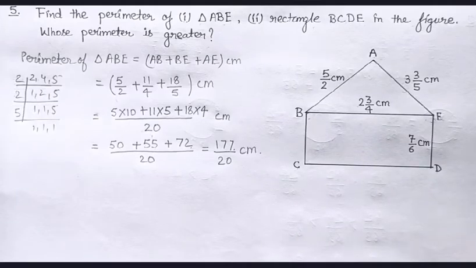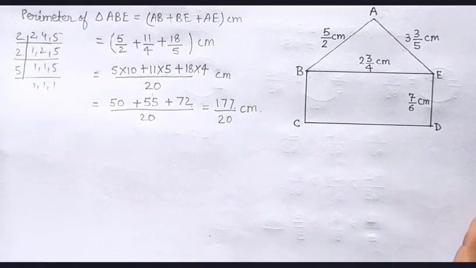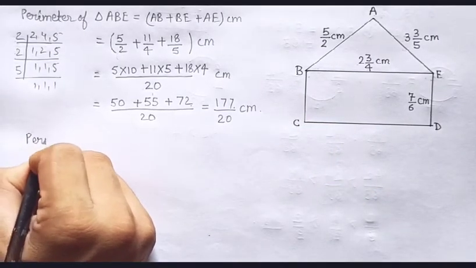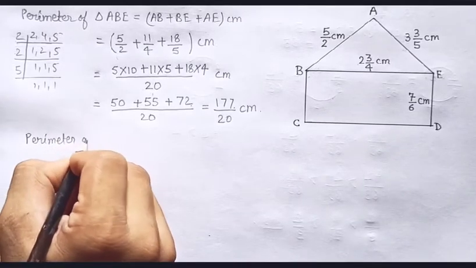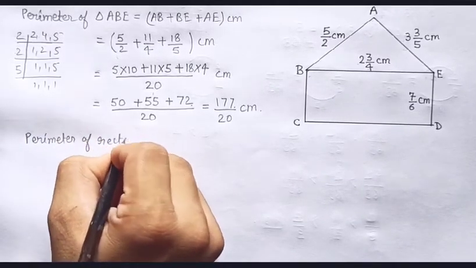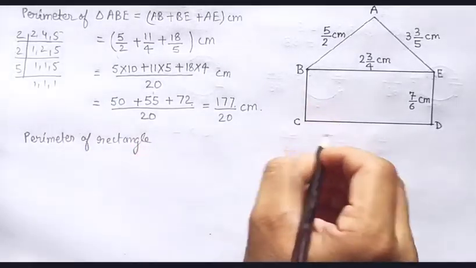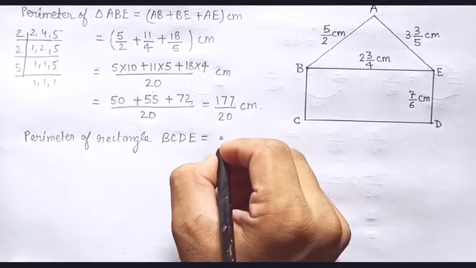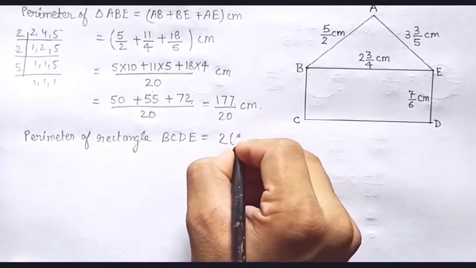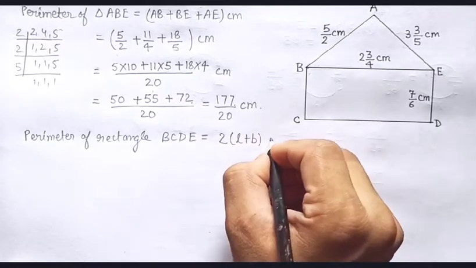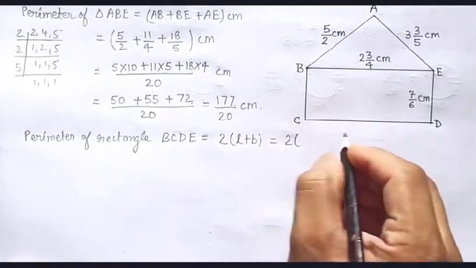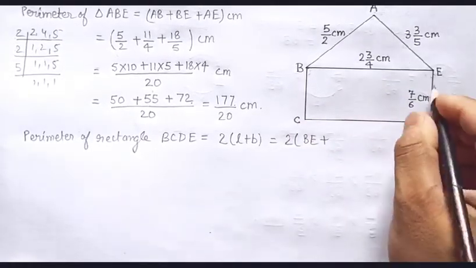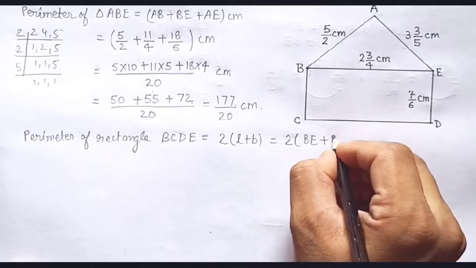Now let us see the perimeter of the rectangle. The perimeter of rectangle BCDE is equal to 2 times length plus breadth, and here we can write 2 times length, that is BE, plus breadth, that is DE.